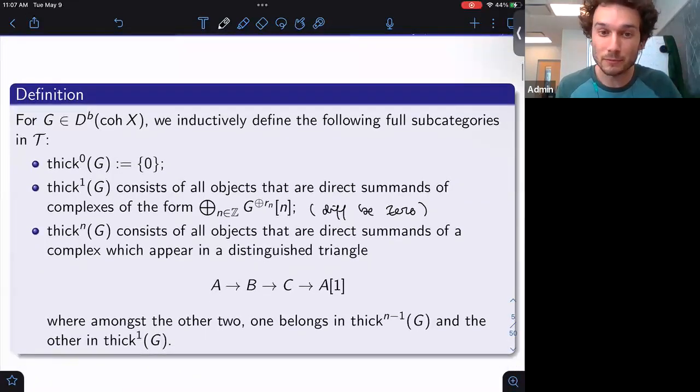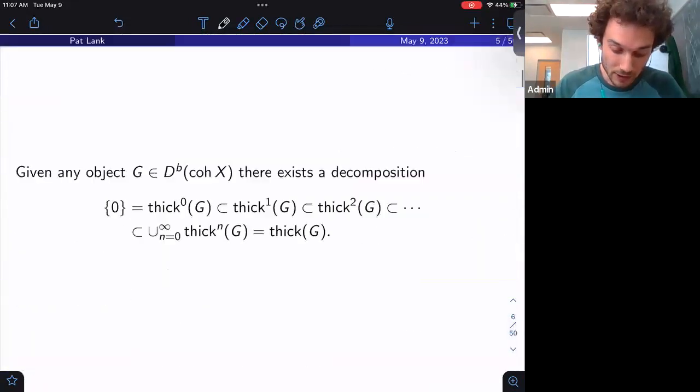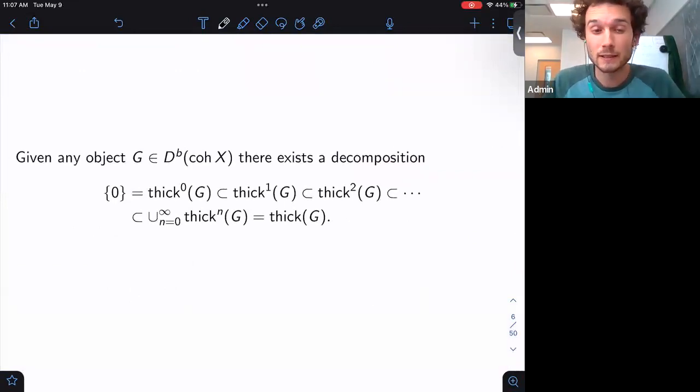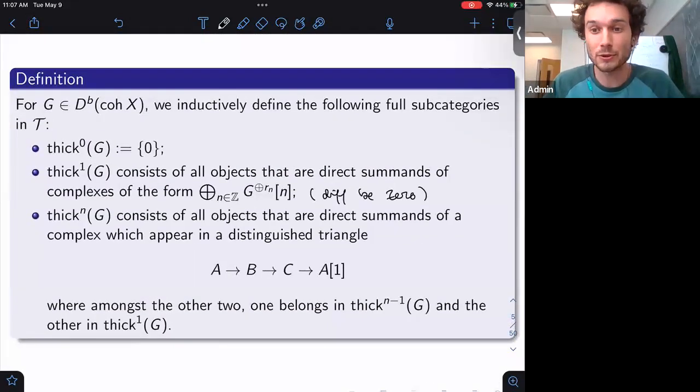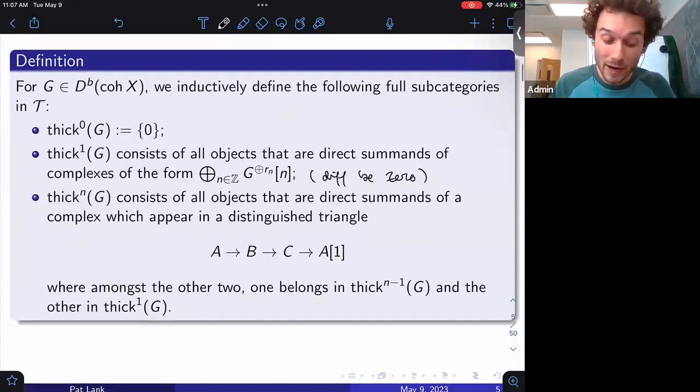Again, this might be known. I just want to kind of backtrack. This idea of the thick subcategory, in this filtration, allows us to actually have a decomposition. So you take any object, you look at the smallest thick subcategory, and this inductively defined sequence of full subcategories gives me a way to build up the objects in the smallest thick subcategory in a way that keeps track of the number of cones, shifts, and direct summands.